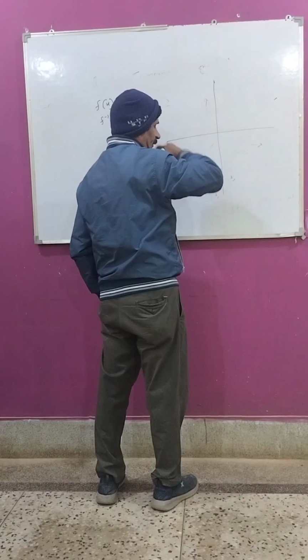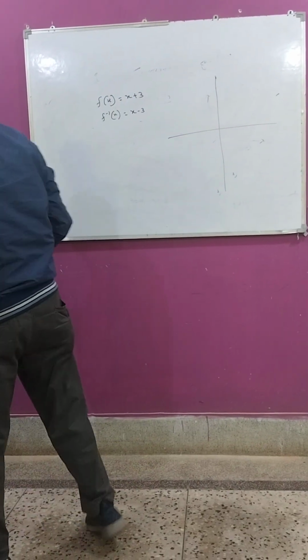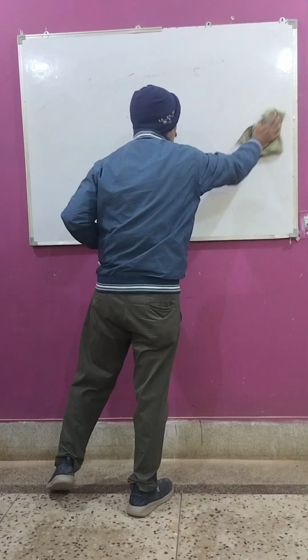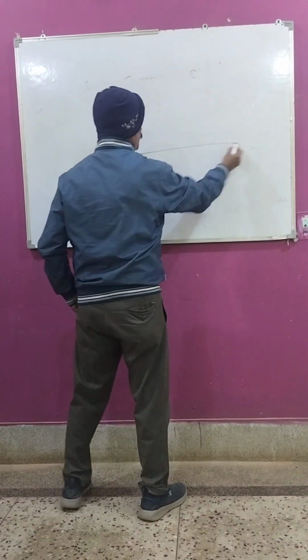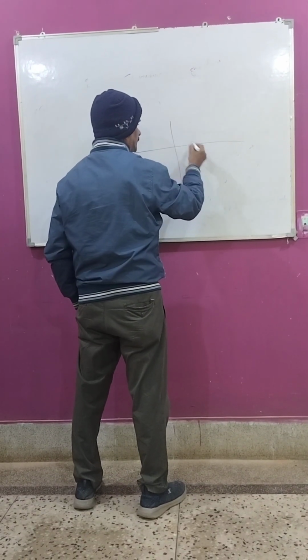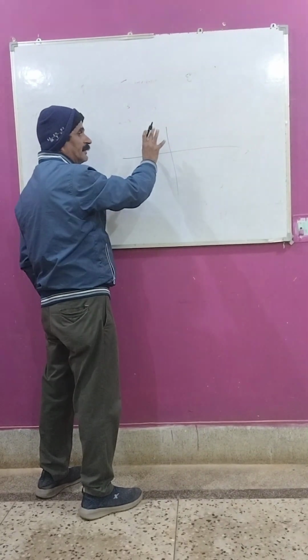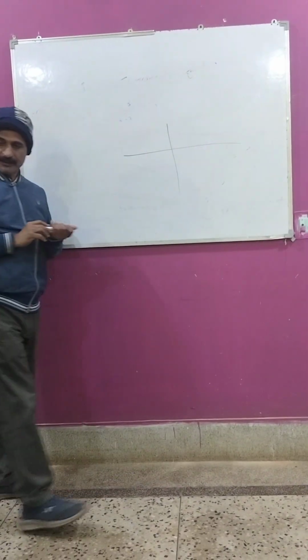Both can intersect together at only one line, that is y equals x. So you can say that if we draw any function in the x-axis, the same graph portion will be plotted for the inverse function in the y-axis.